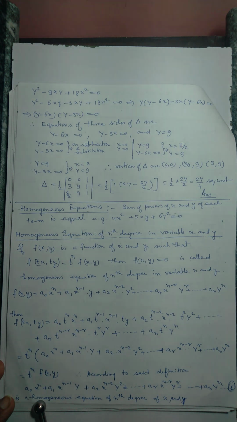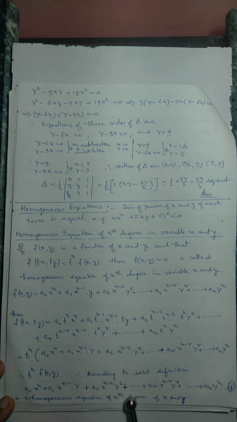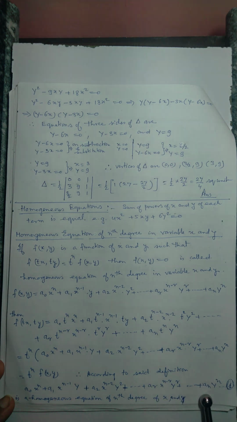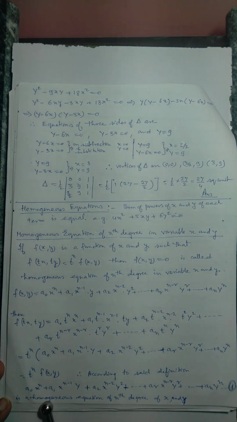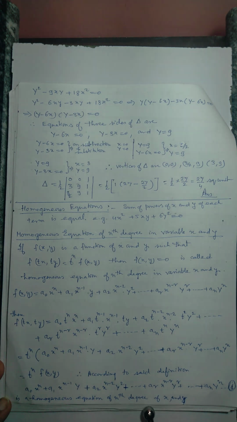a0 x raised to power n plus a1 x raised to power n minus 1 y plus a2 x raised to power n minus 2 y squared plus and so on, ar into x raised to power n minus r, y raised to power r, plus and so on, plus an y raised to power n. This is equation 1, and this equation is a homogeneous equation of nth degree in x and y.